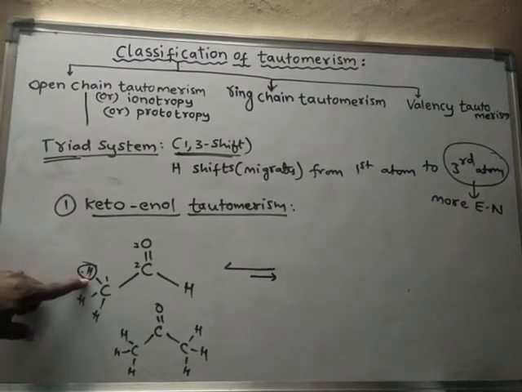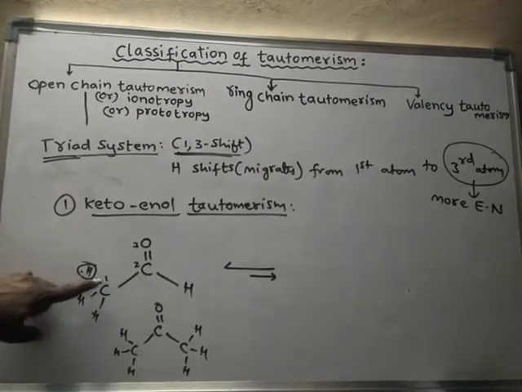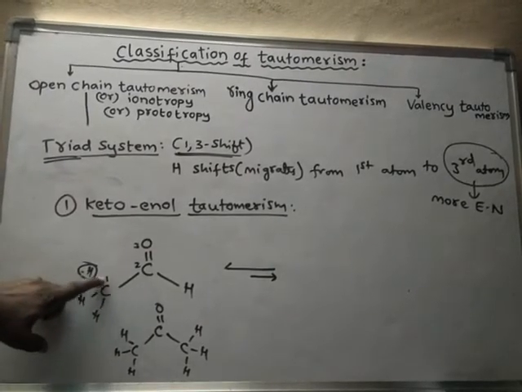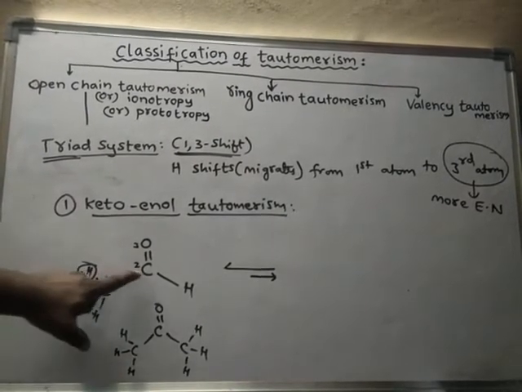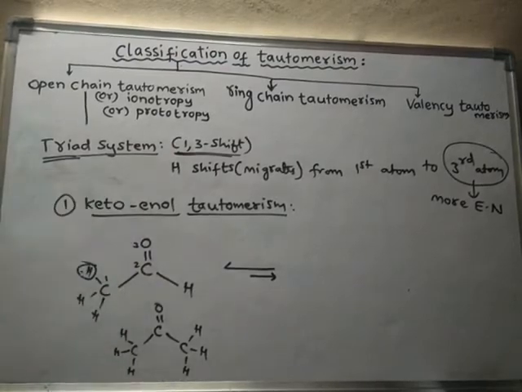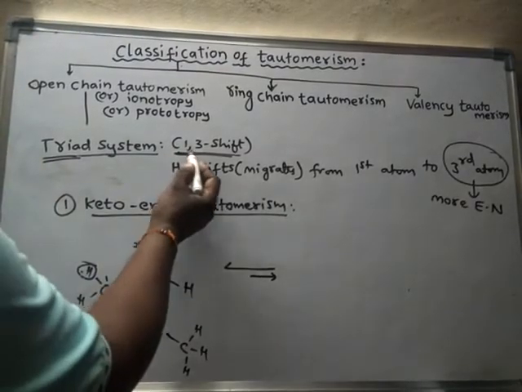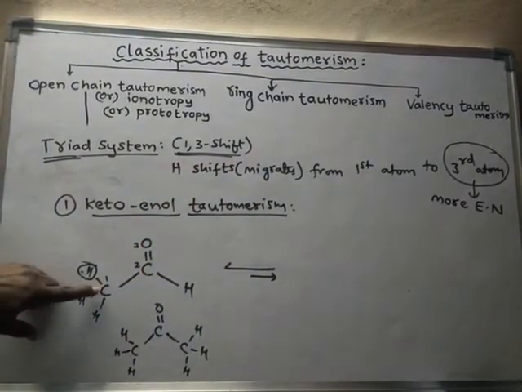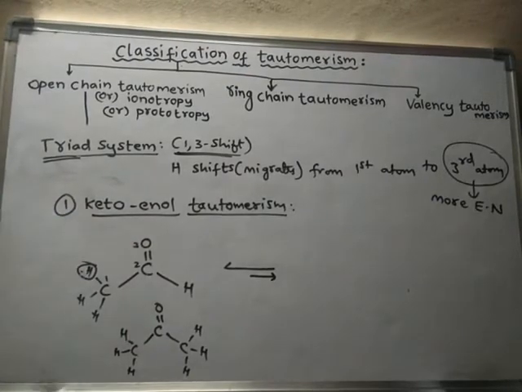So the hydrogen which is attached to this atom is treated as the first atom. It will not move to the second atom, it will directly move to the third atom. So 1,3 shift, that means the hydrogen will shift from the first atom to the third atom.